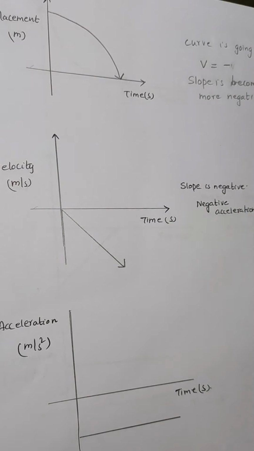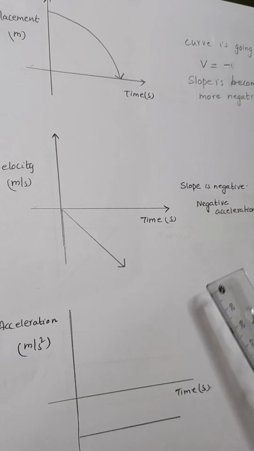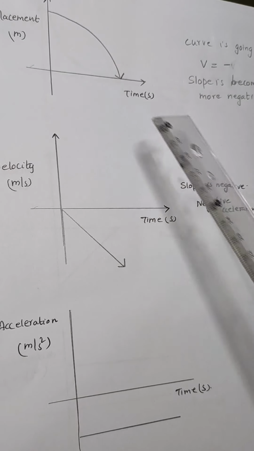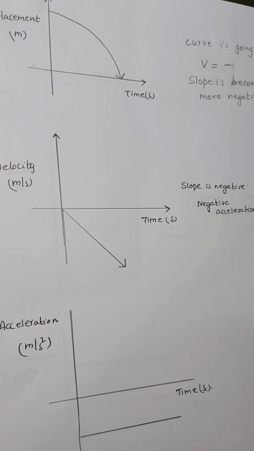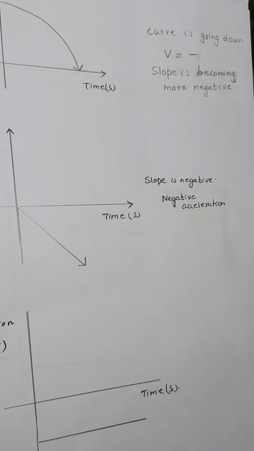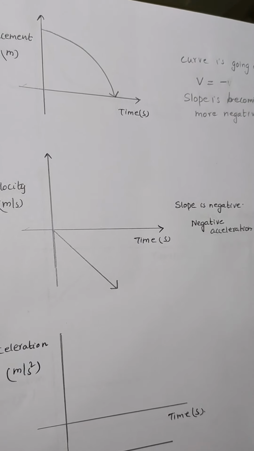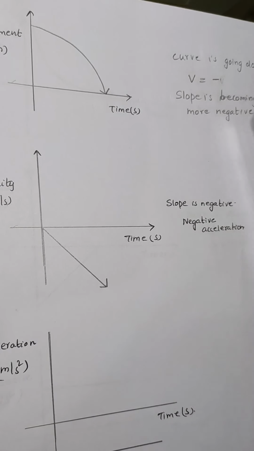Now, look at another situation here. The curve is going down, which means the slope is becoming more and more negative. So the velocity is negative. In this case, the velocity is negative, but the slope is becoming more negative, so the velocity is increasing in the negative direction.